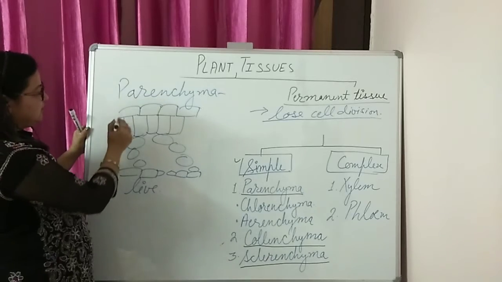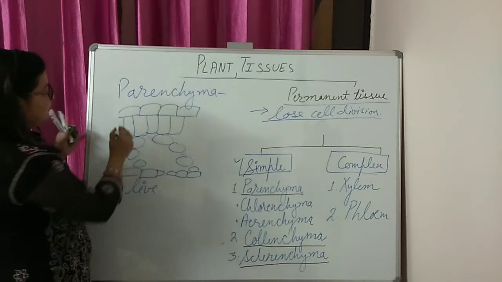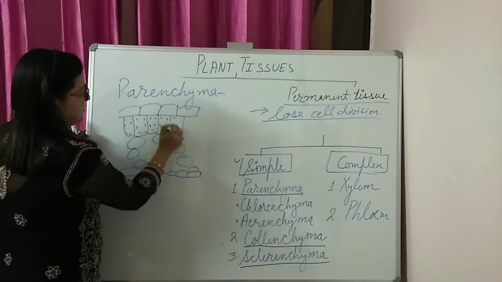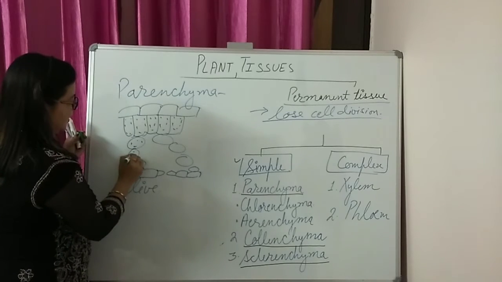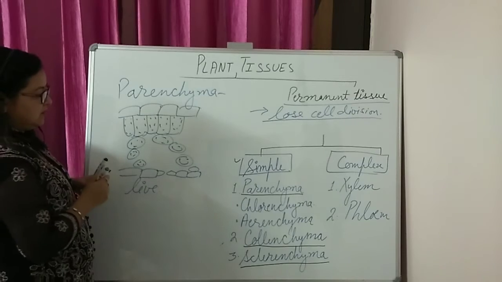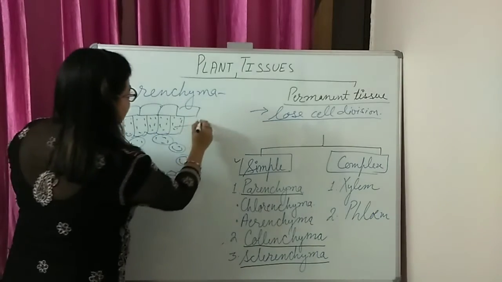But as I just drew here the diagram of a leaf, in the case of a leaf the cells below the epidermis have chloroplast. The cells which have chloroplast are called chlorenchyma.